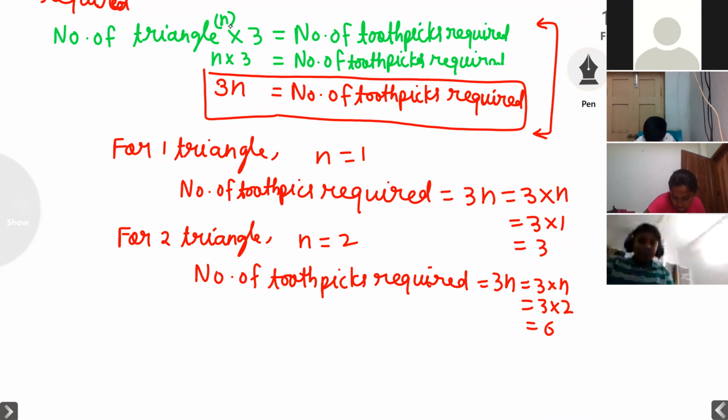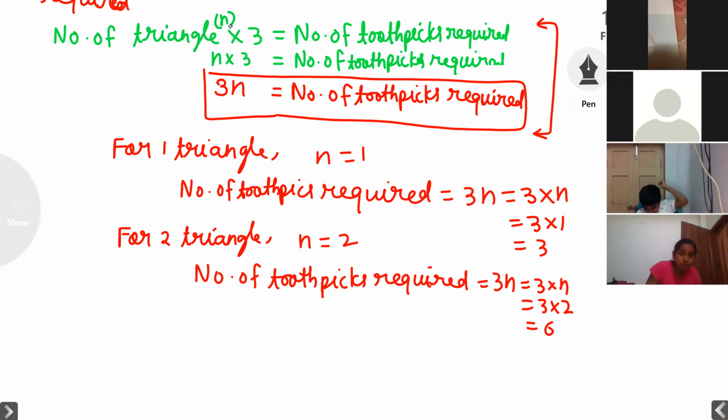Number of triangles, in brackets small n, into 3 equals number of toothpicks required. N into 3 equals number of toothpicks required.